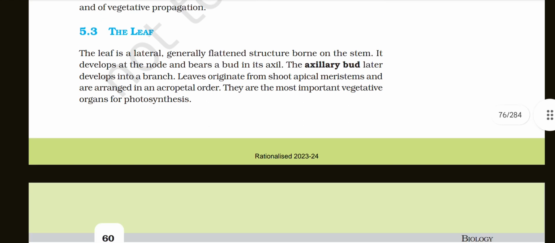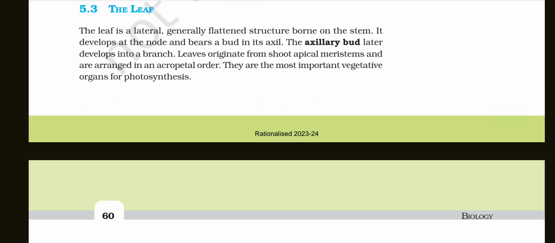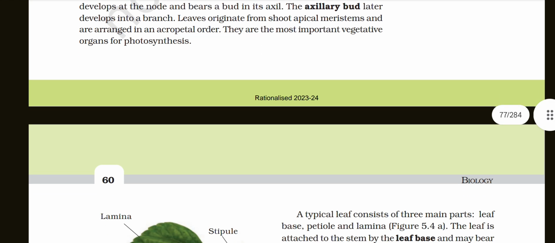The axillary bud later develops into a branch. Leaves originate from the shoot apical meristem and are arranged in acropetal order. They are the most important vegetative organs for photosynthesis.